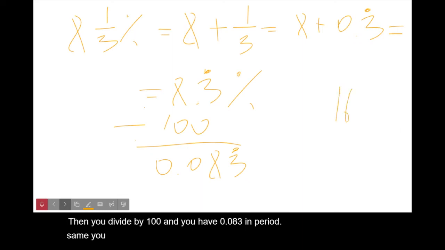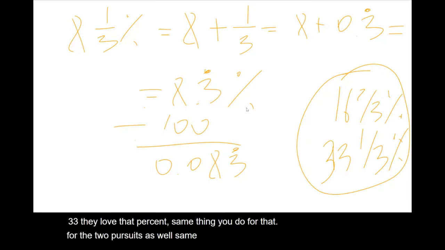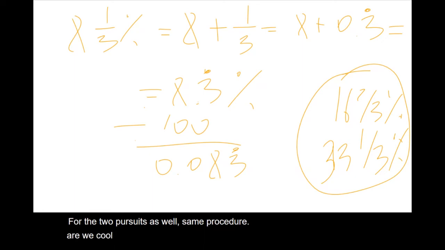Same, you convert 16 2/3, 13 1/3, or 33 1/3, they love that percent. Same thing you do for that 2% as well, same procedure. Are we cool now, Ryan? Okay, any other questions?